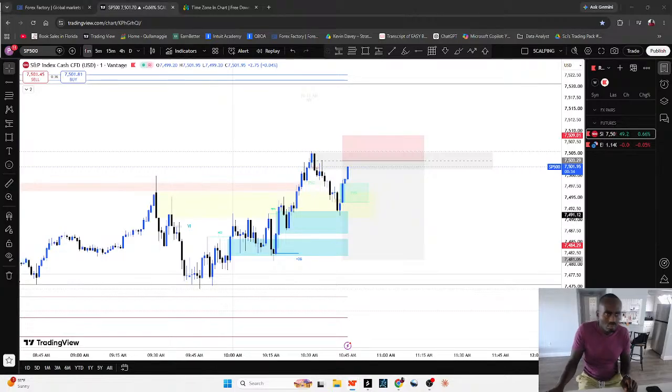I said I'd love it to take these equal highs, and then we get a break below. I even gave it the 1 minute retracement. I kind of entered a bit early, but I was barely in drawdown, so that's good so far. And yeah, I can trim my stop.